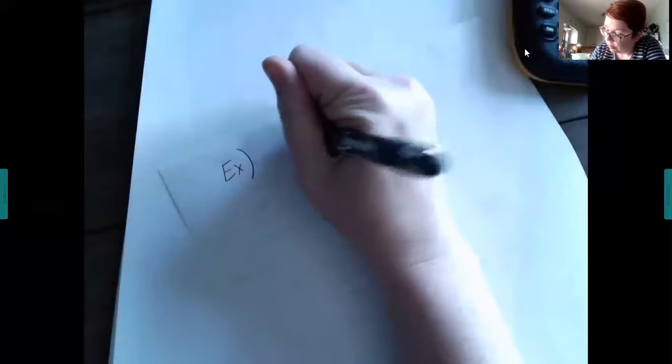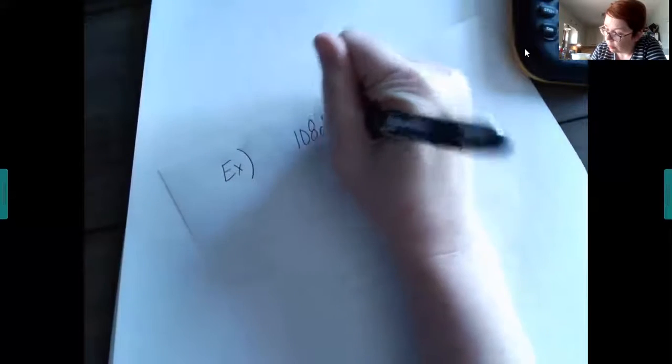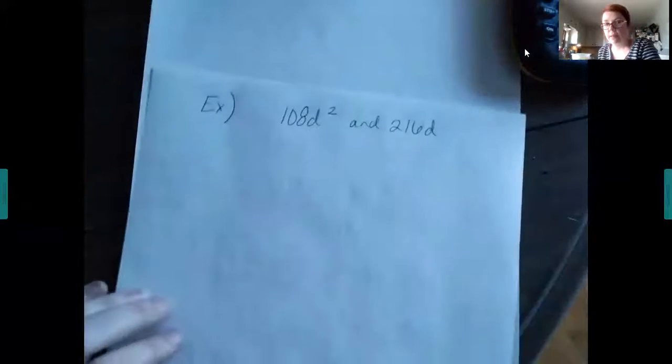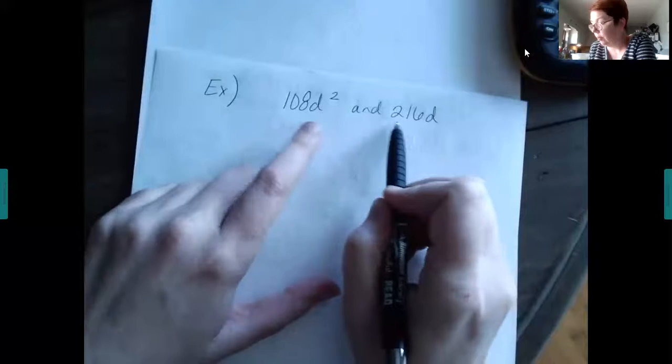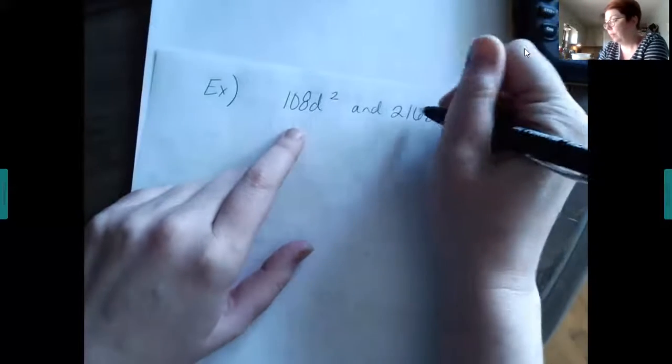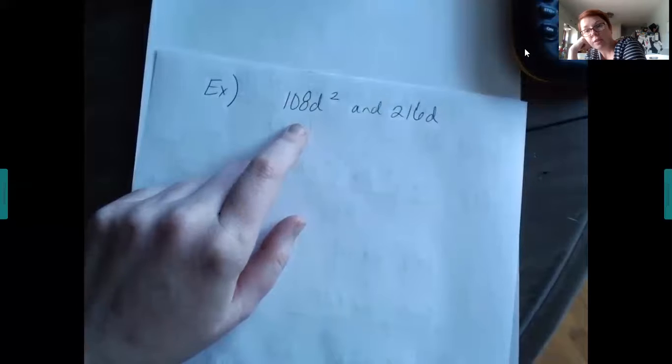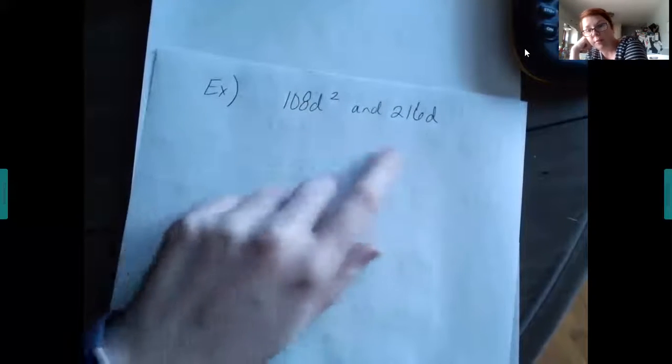And I saw this one pop up. You want to try and see if your lowest number, your lower coefficient, is actually something you can divide evenly into both of these terms.